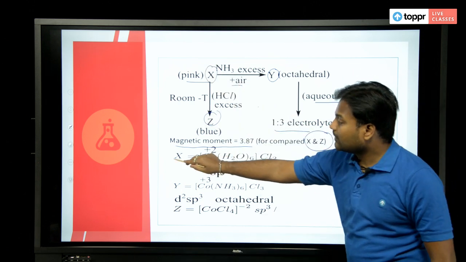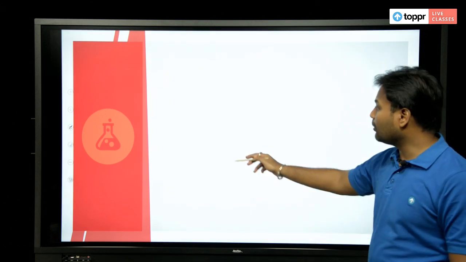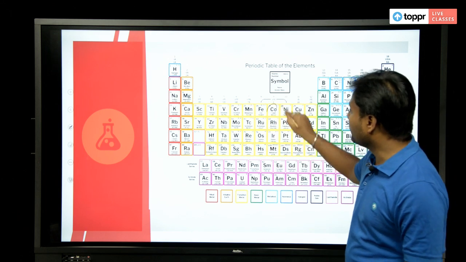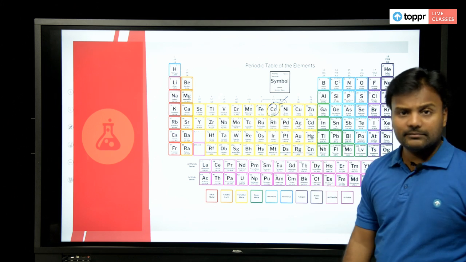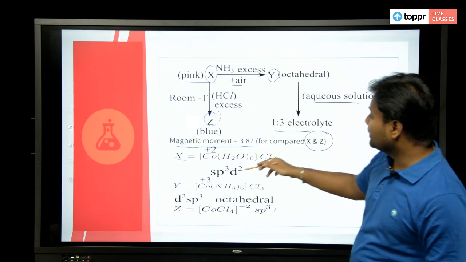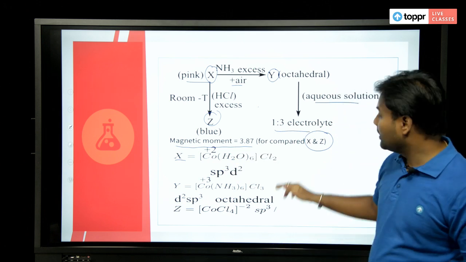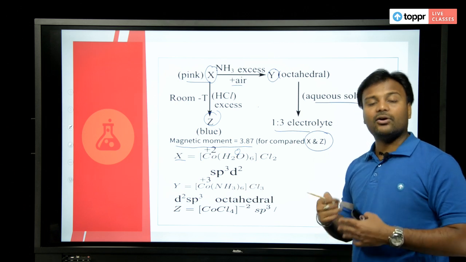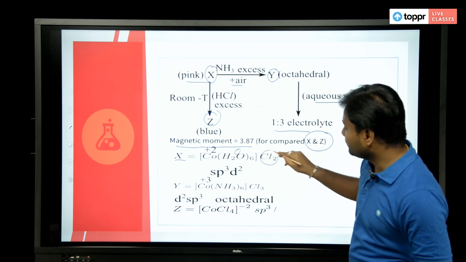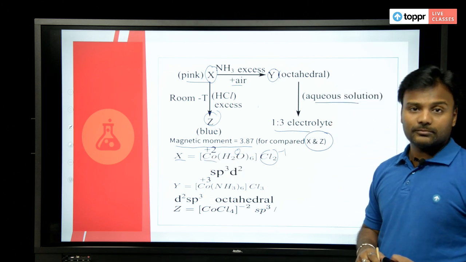Find out the oxidation state of the central metal atom. Where is the cobalt here? You have cobalt, whose atomic number is 27. Cobalt with 6 aqua, that is water, and chlorine. Aqua is neutral, so it does not contribute any oxidation state, whereas chlorine is -1, so the cobalt oxidation state is +2.